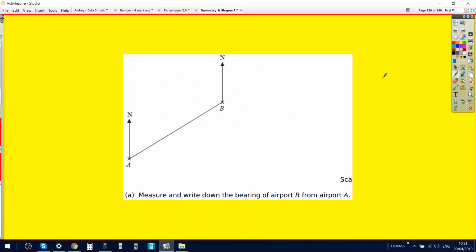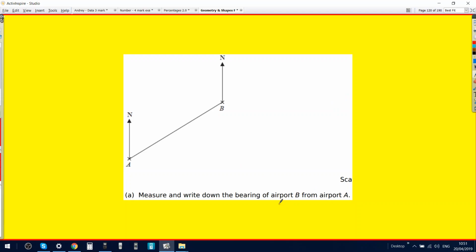Okay, how about this? I remember doing bearings, but I remember you need like a protractor, but I can't remember what else. Basically, which angle is it that we would measure for this? Do you know? Is it A? Yes.